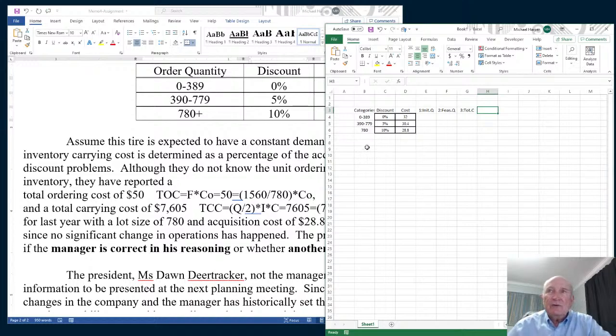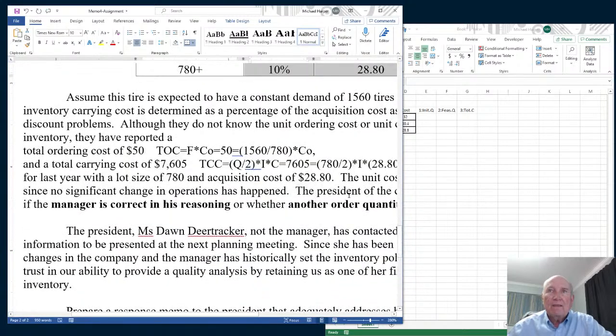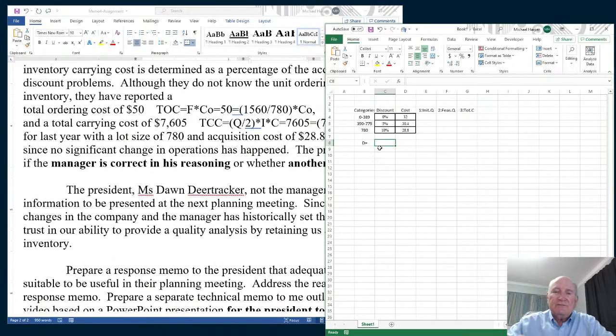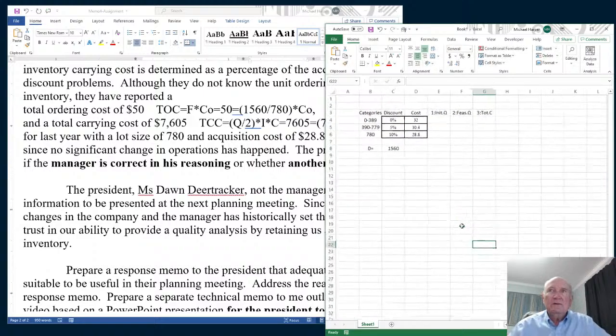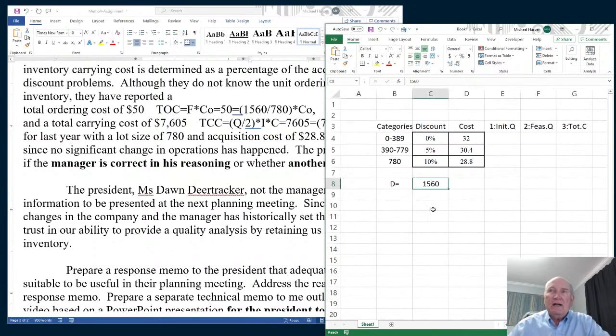So down here, we know what our demand is. Let's put it right here. Our demand equals 1560. Make this a little bigger so we can see it. I'll go here and solve this in a minute.